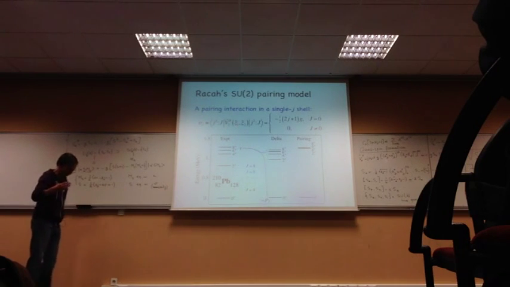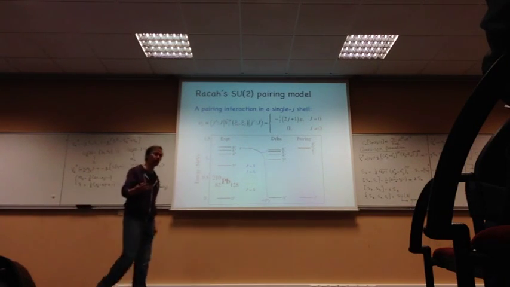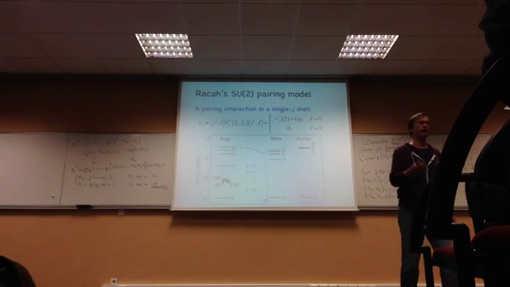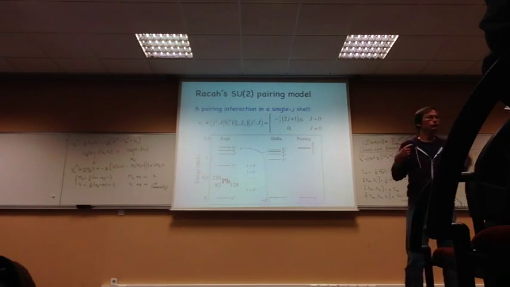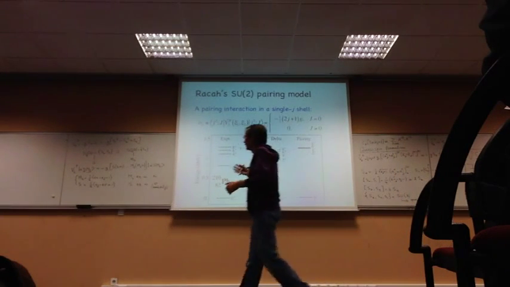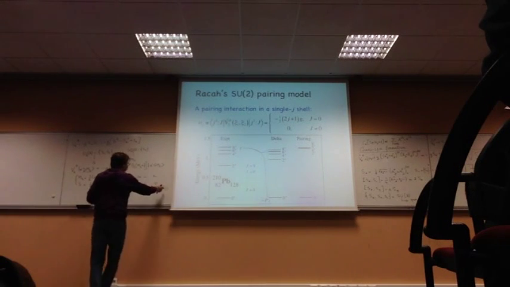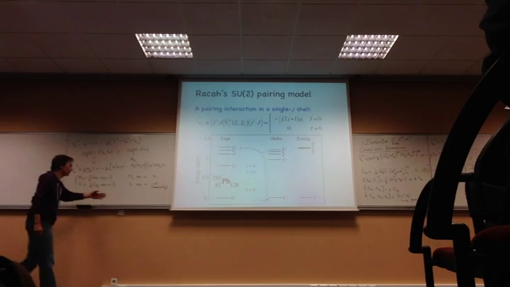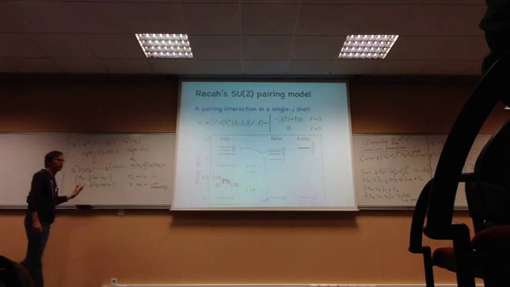It derives from Racah, who introduced this, and in Hebrew seniority is vetek. That's the only word in Hebrew I know. I will explain how seniority comes into this business, and that's why it's always labeled by v.